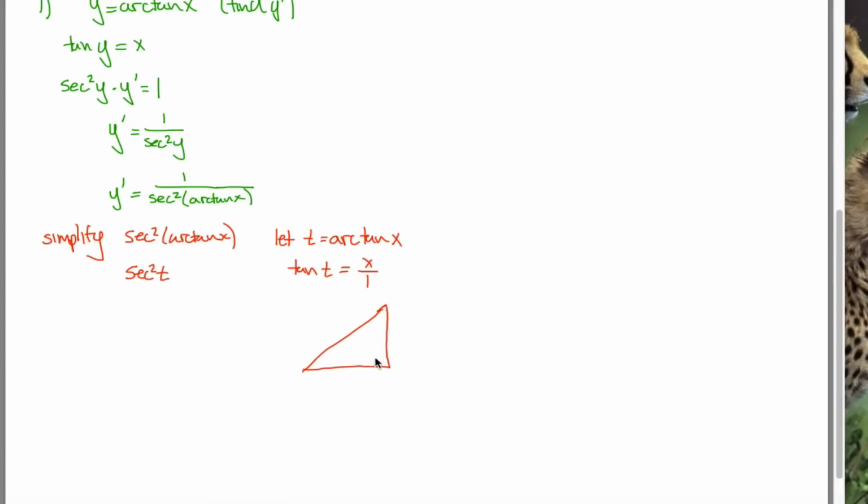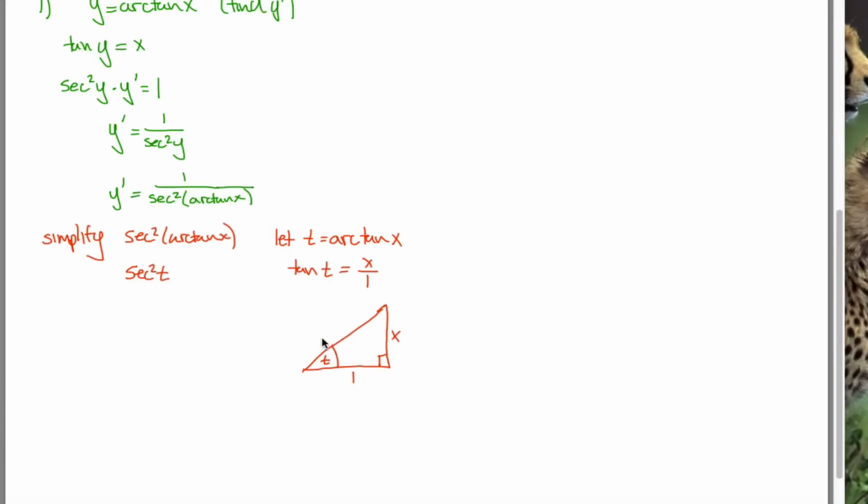Not just any triangle, a right triangle, where I label one of the angles t, and then use this fact to label some side lengths. If the tangent of t equals x, the ratio of the opposite side to the adjacent side, that's the TOA in SOHCAHTOA, is equal to x over 1. So I have to choose lengths here and here so that when I divide the two of those, I get x over 1. Easiest way to do that would be call this one x, call this one 1.